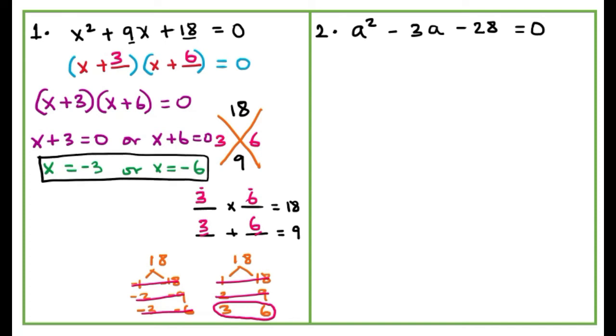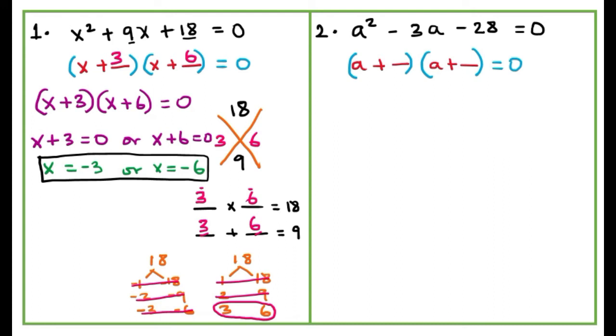Now in part 2, we will also have this equation factored such that we will get a plus a number and also a plus a number.